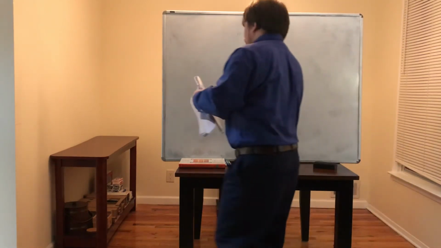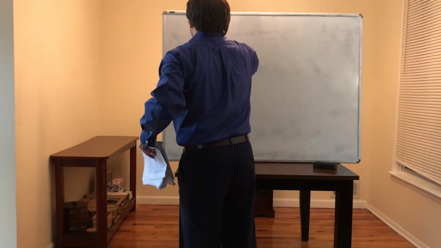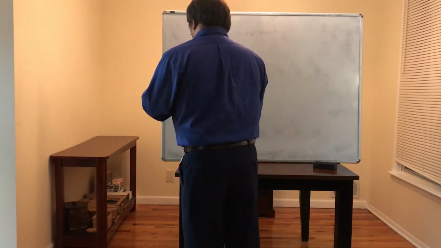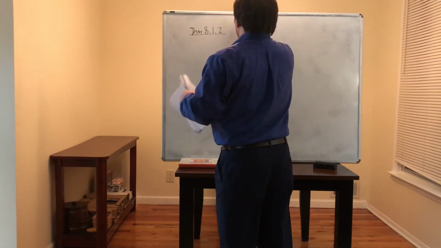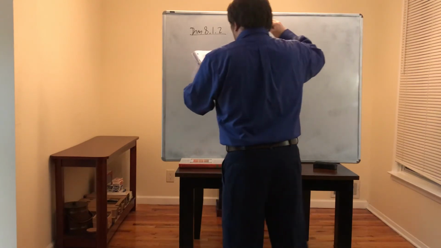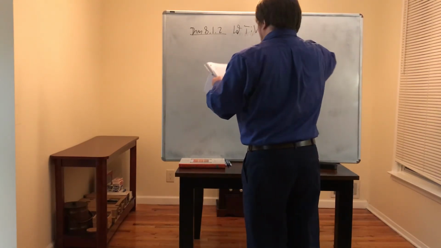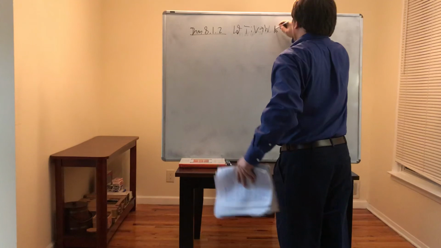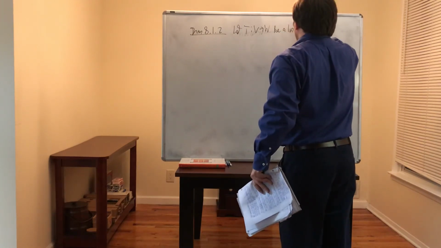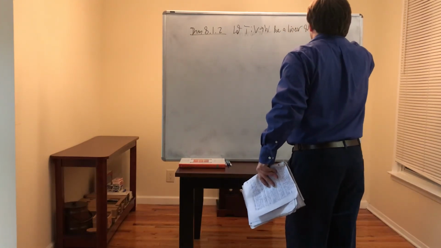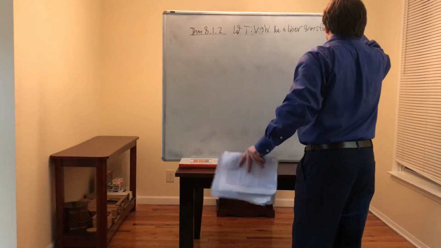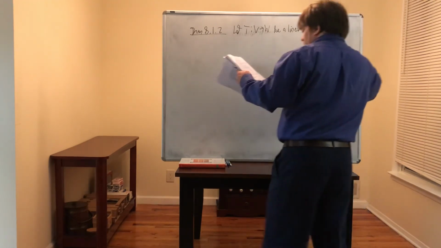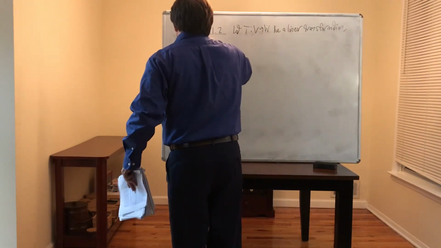Theorem 8.1.2. Okay, so theorem 8.1.2. Let T from V to W be a linear transformation, where capital V is finite dimensional.